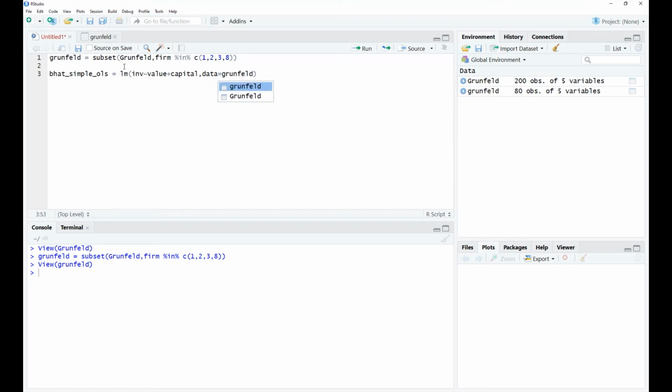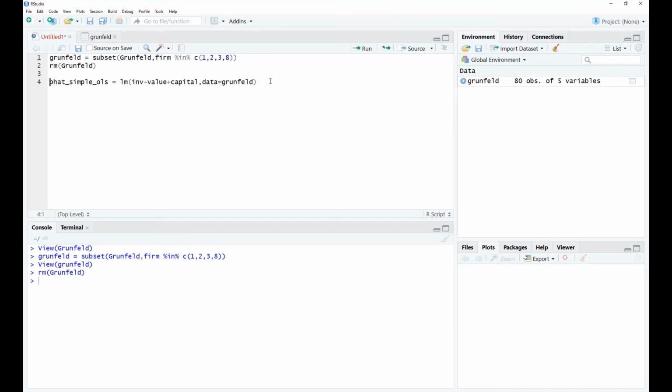Note that since I have two Grunfeld datasets, one with a capitalized G, one with a lowercase g, let me make sure to delete the dataset we do not need anymore.